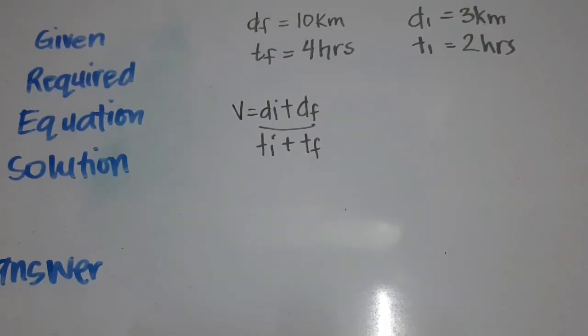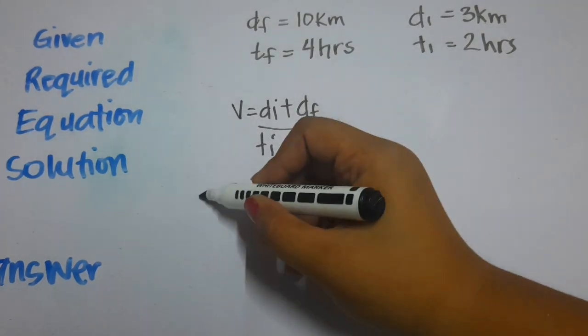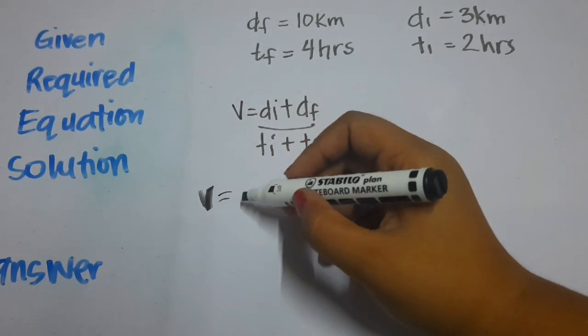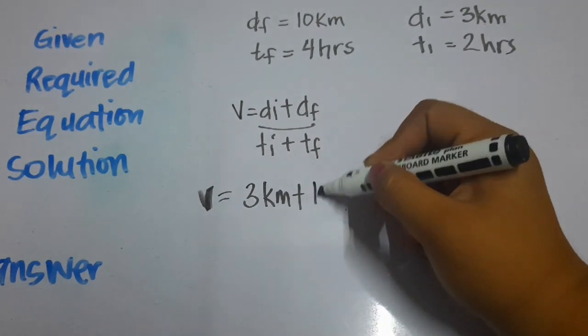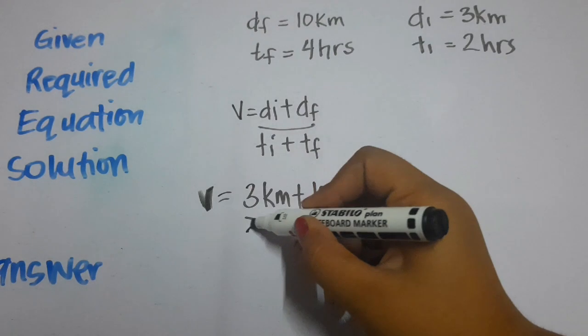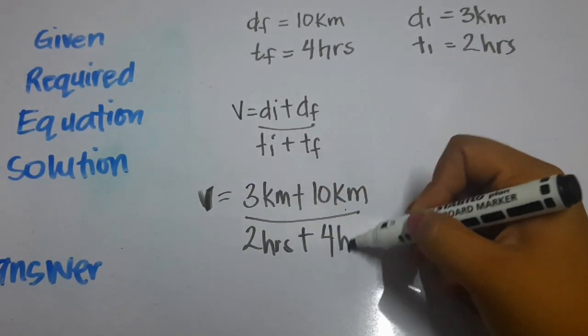First, let's solve for the speed. So we will just transpose all the values here in our given equation. So V is equal to 3 km plus 10 km divided by the time, which is 2 hours plus 4 hours.